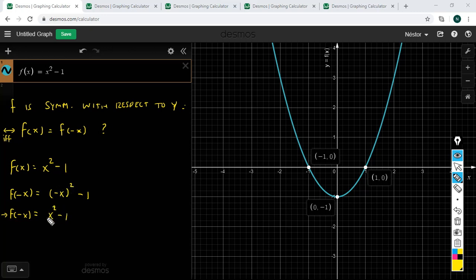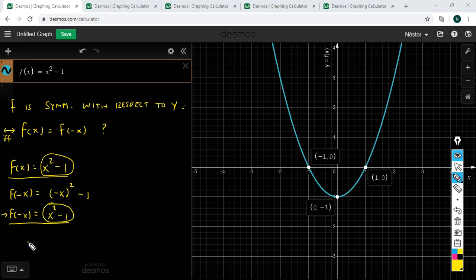All right, so in the end we arrive at this, that f of minus x is equal to x squared minus 1, and also f of x is equal to x squared minus 1. So as we can see, both of them are the same. F of x and f of minus x, they are x squared minus 1.